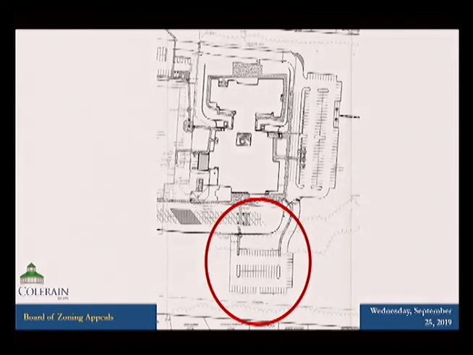Here is a drawing of the new proposed parking lot. With the completion of the new school a couple years ago, the total parking for that elementary school as a whole was 127 parking spaces. So with this new construction, highlighted in the red circle, they're requesting to add an additional 74 parking spots.